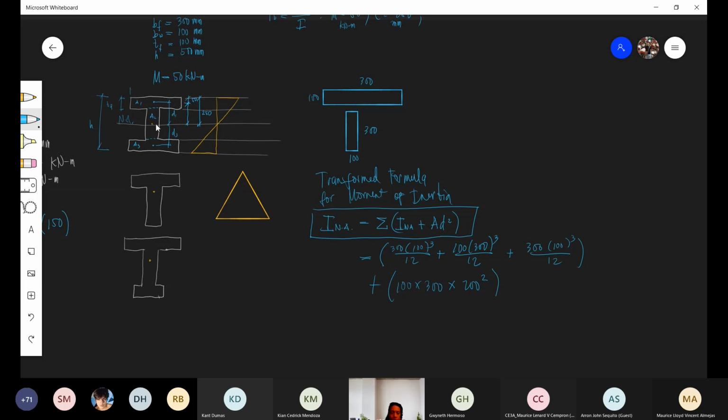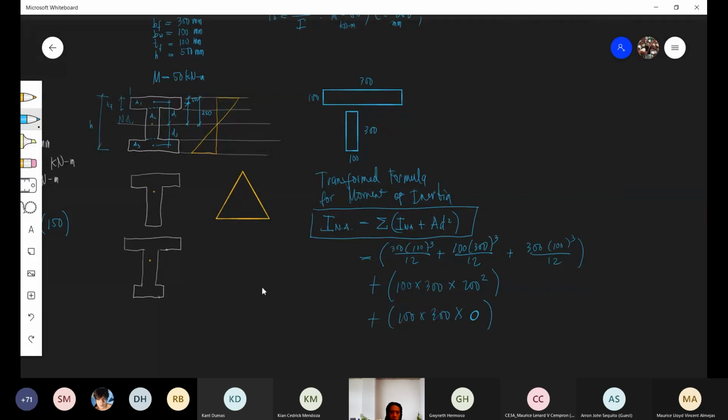And AD squared for A2. What's the value for A2? The area of A2 is 100 times 300, times the distance niya is 0. 0 man, di ba?